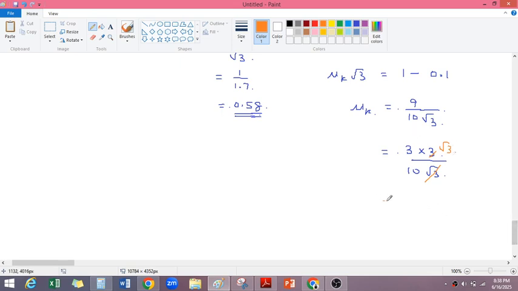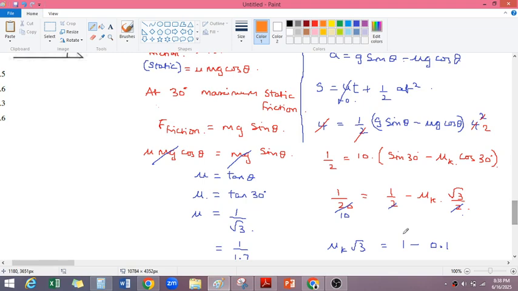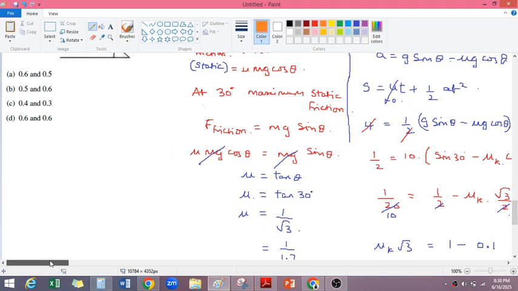Root 3 is 1.7, so 3 into 1.7 divided by 10. That becomes 5.1 divided by 10, which is 0.51. So 0.5 is the answer for the second part.